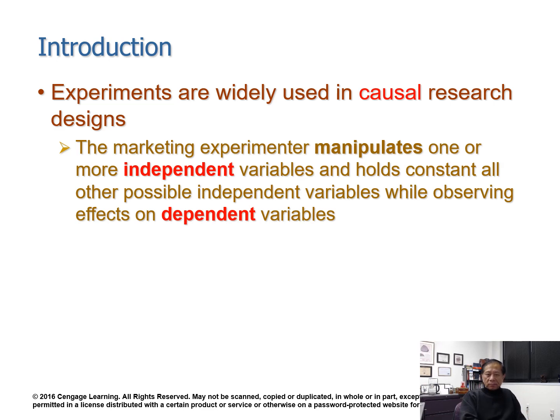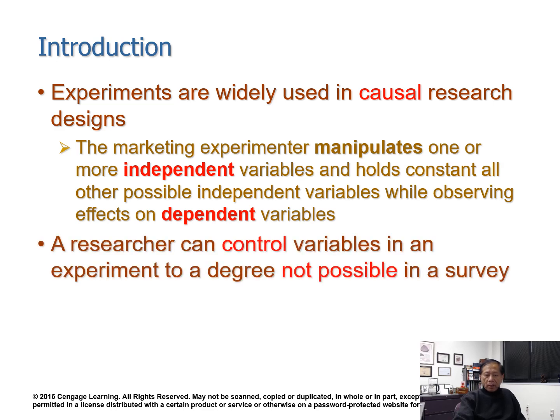The purchase intention may be, for example, in hot red, orange, warm colors of the wall in the room, people are more likely to spend their money or make a purchase. Whereas if the room is painted blue or green or cold colors, the people are not that likely. I'm just giving an example here. Okay, dependent versus independent variables in an experiment.